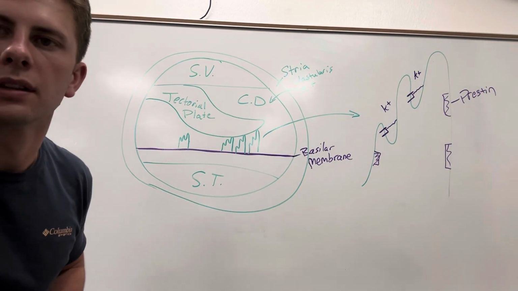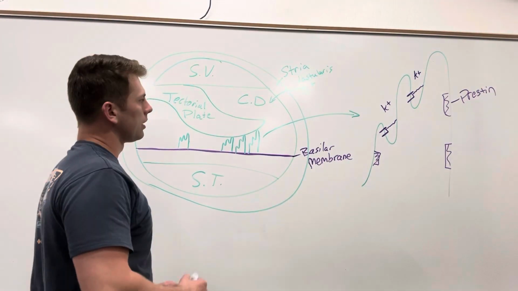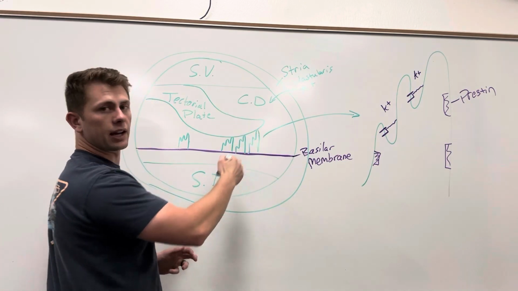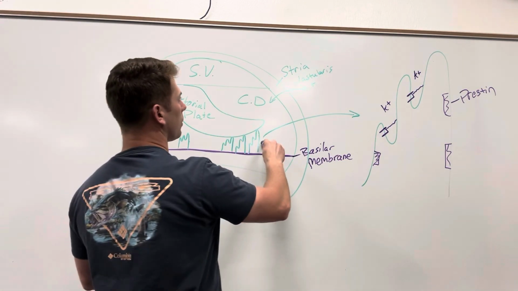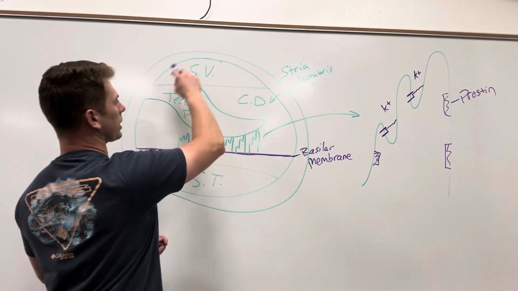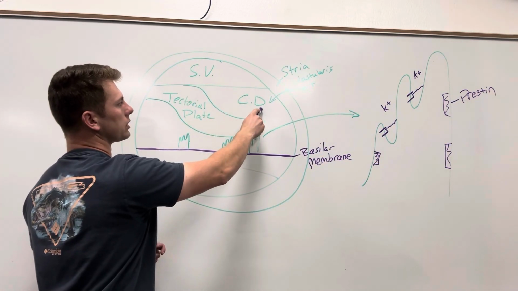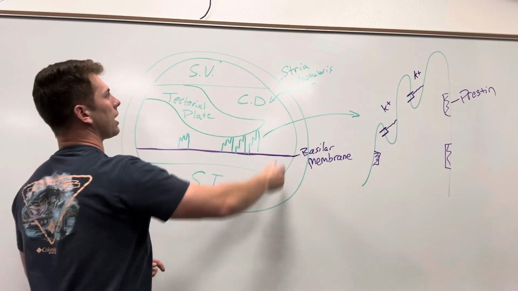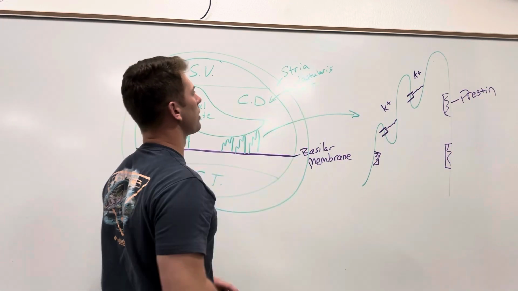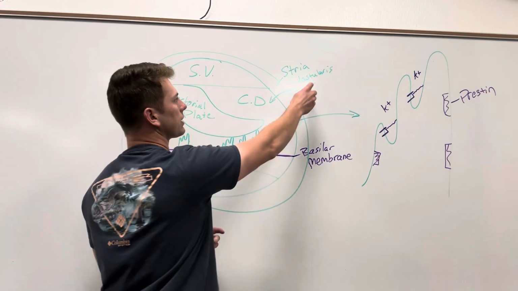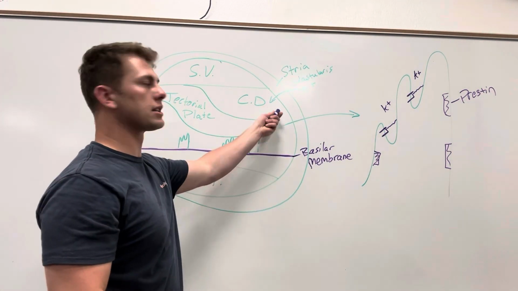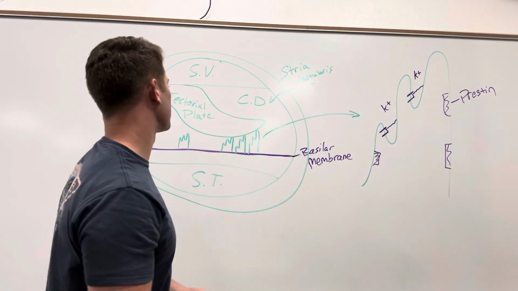And when this moves, that causes these stereocilia to bend. Real quick too, the cochlear duct has endolymph. Out here we have the stria vascularis, basically how it gets potassium into the cochlear duct. So we have lots of potassium to form action potentials.